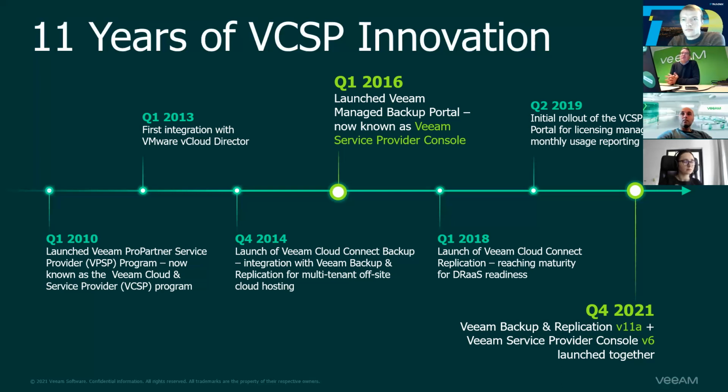the major remarks were like, yeah, you know, we can have a view on almost all systems, but not on Office 365 or Veeam ONE. Well, guess what? As from version 6, we do have this monitoring and management capability of Office 365 and Veeam ONE included in the service provider console.